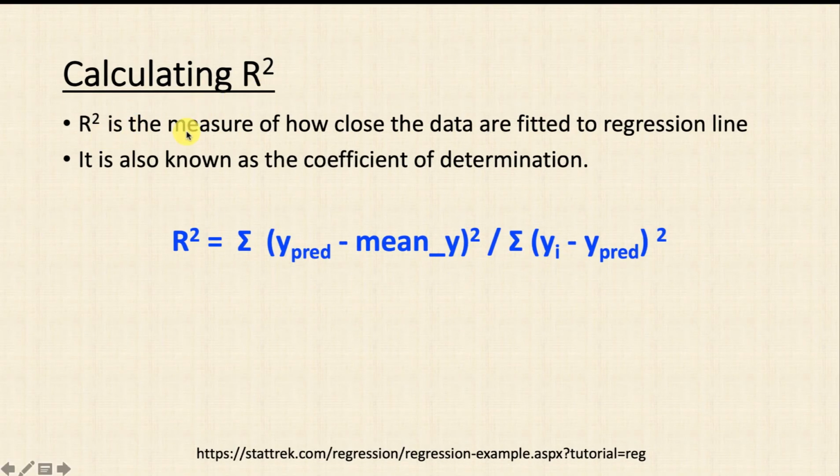R square is a measure of how close the data are to the fitted regression line, and it is also known as the coefficient of determination. So how can you calculate the R square value? The summation of y predict minus y mean squared, divided by the summation of yi minus y mean squared. Based on this, you can calculate it, and it will be around 0.48.